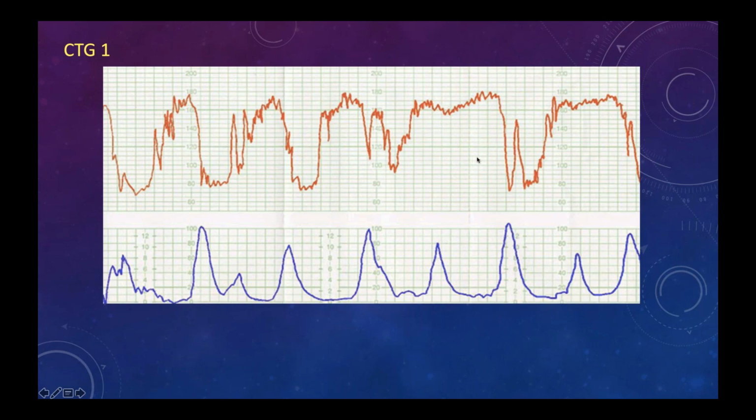And there is delay in recovery. Delay in recovery is 1 minute, and this is 2 minutes. So they are taking 2 minutes, and there is such a big fall in the baseline. So deep, and loss of variability within the deceleration. Yes, very good.